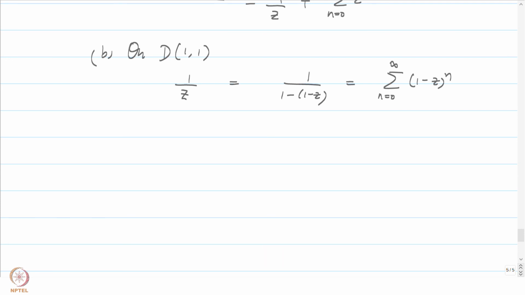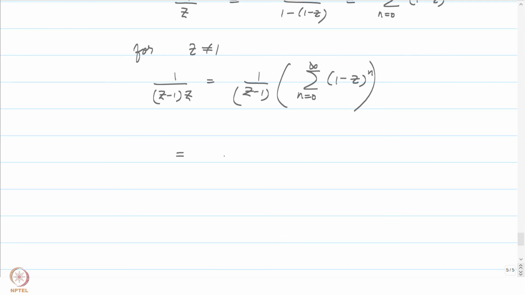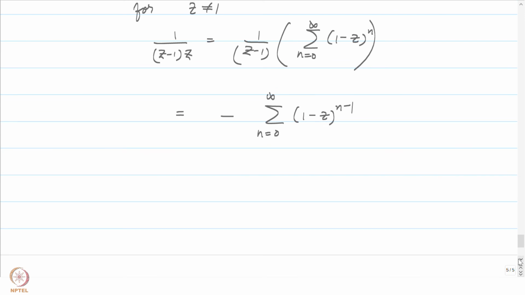And because this series converges absolutely, for z not equal to 1, 1 by z minus 1 times z is going to be equal to 1 by z minus 1 times this series, which is going to be equal to minus summation n equal to 0 to infinity (1 minus z) to the power n minus 1. Yet again, we can write the expansion similarly as above, so that this is going to be the Laurent series expansion around 1 in a punctured disk of radius 1.